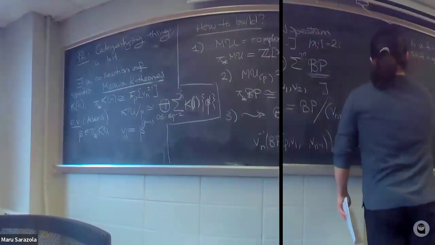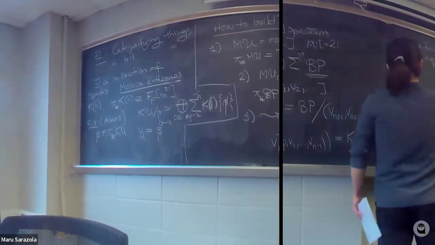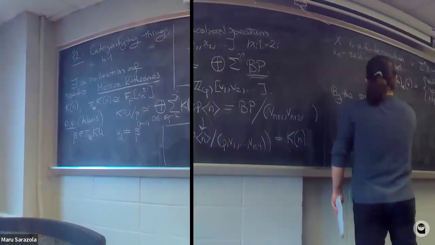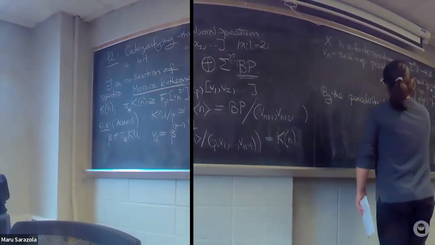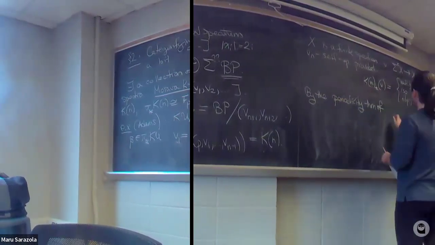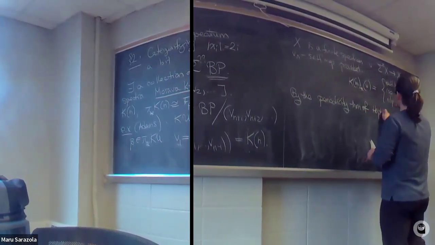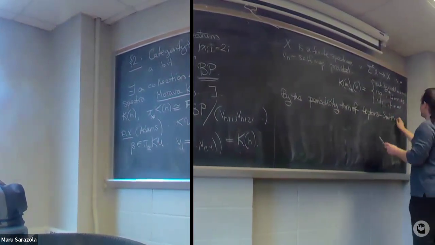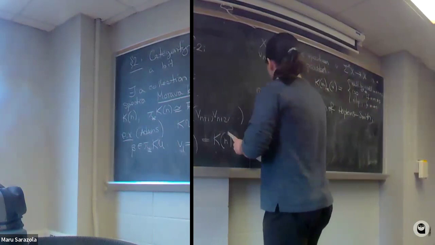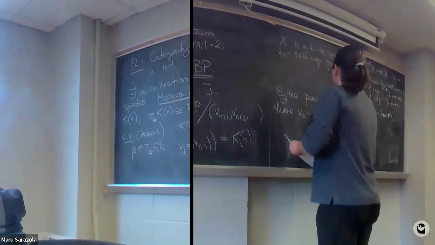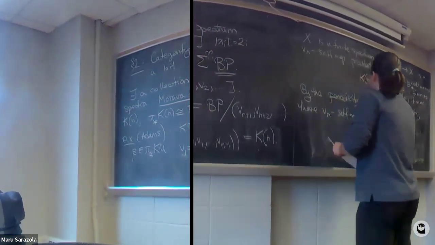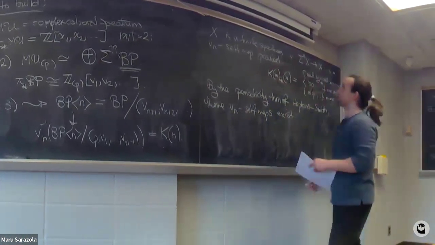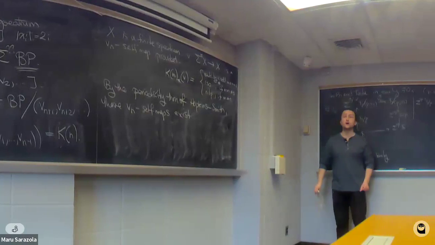By the periodicity theorem of Hopkins and Smith, these Vn self maps exist, at least for certain kinds of finite complexes.